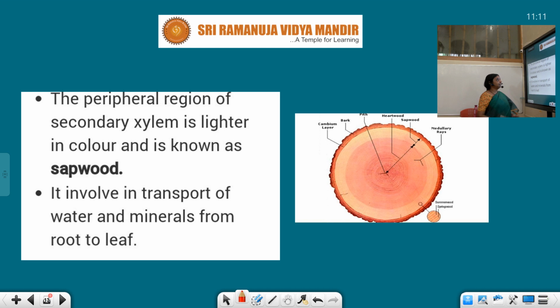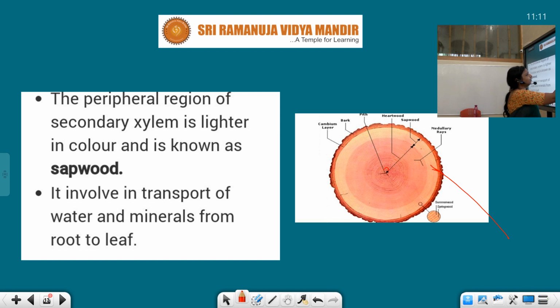Next, the peripheral region of the secondary xylem. Secondary xylem has two regions: the central region, known as heartwood or duramen, and the peripheral, outer region, which is lighter in color. Here we can observe this part is lighter, and the dark part is darker in color.